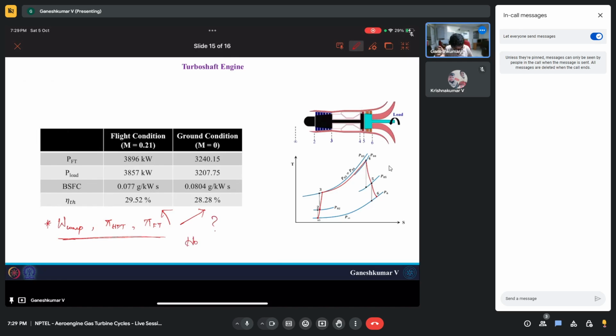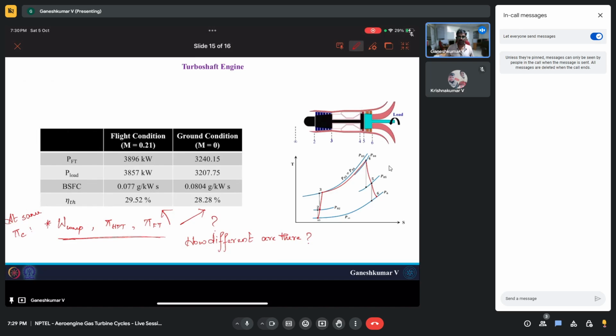How different are they? At the end of the day, the power is going to depend only on this. In this itself, some of them would be interdependent. This was at the same pi c for both conditions, I mean the same engine.